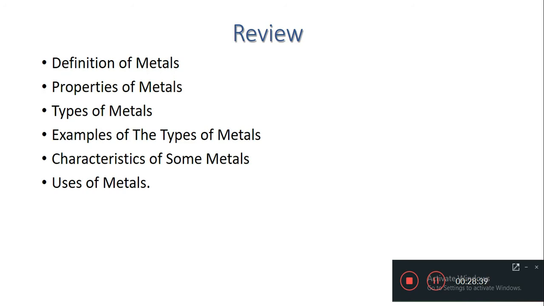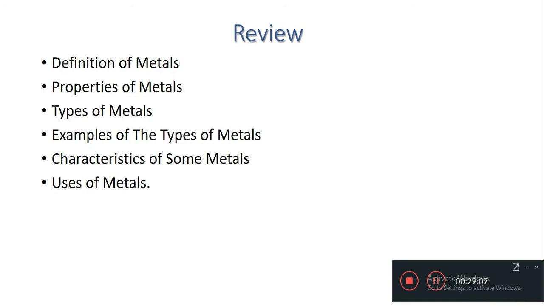We have also come to know the uses of some of these metals. We realize that most of the metals which are malleable can be used in creating cooking utensils, car bodies, engines, and many other things, including roofing sheets. So these are the things that our lessons have been able to cover.